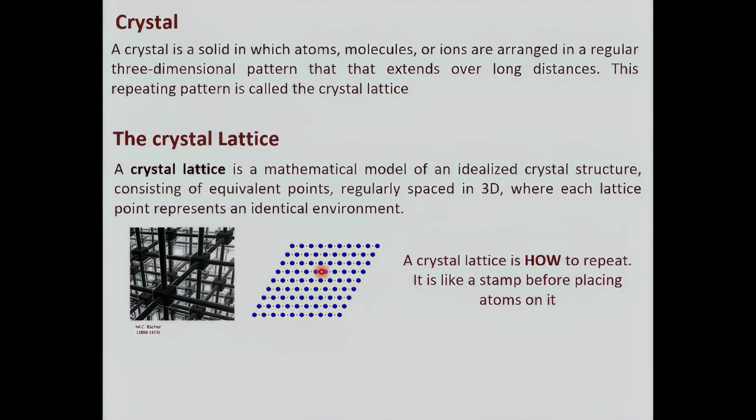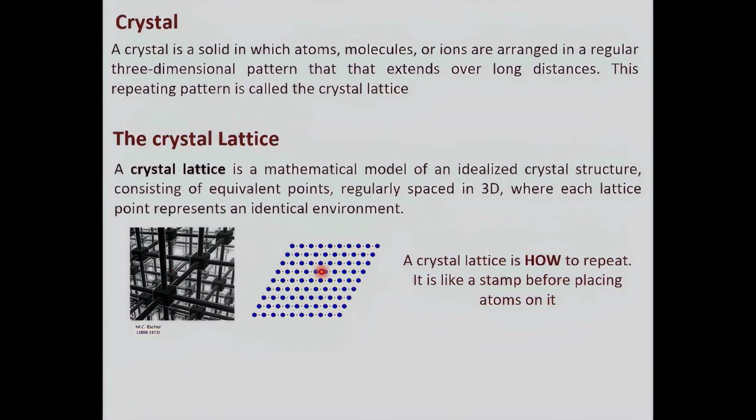Then you need to think of the crystal lattice as something which gives us the possibility to understand how something is repeated. At the moment, when you think of the crystal lattice, it is not important what we are repeating. It's important the way in which we repeat.